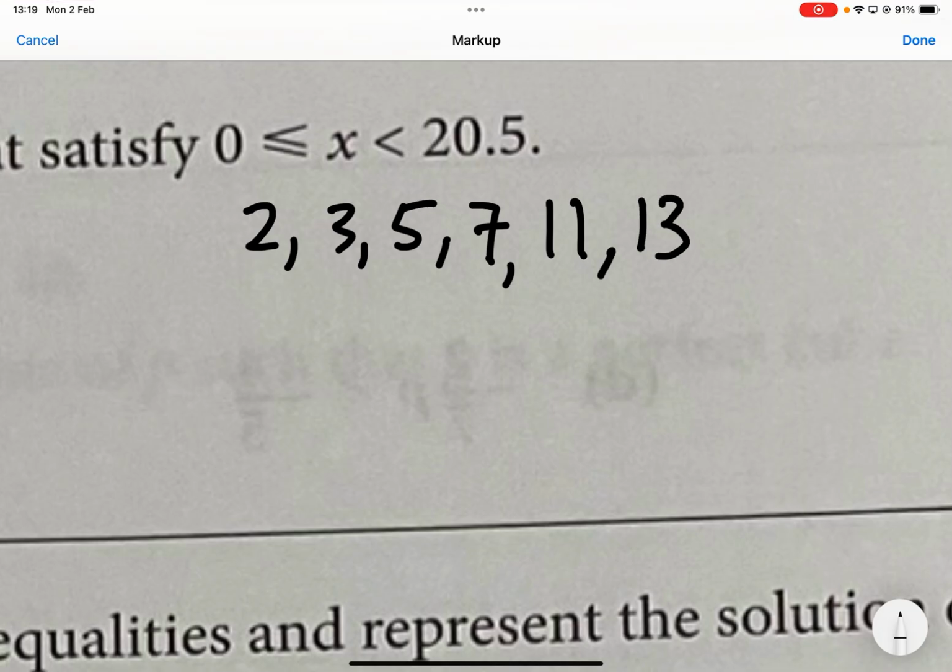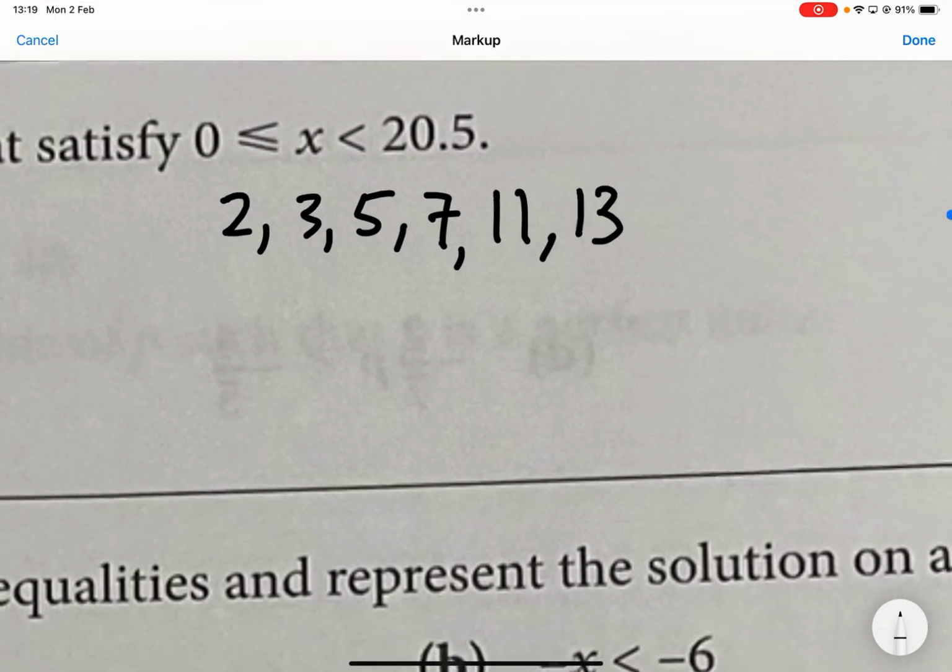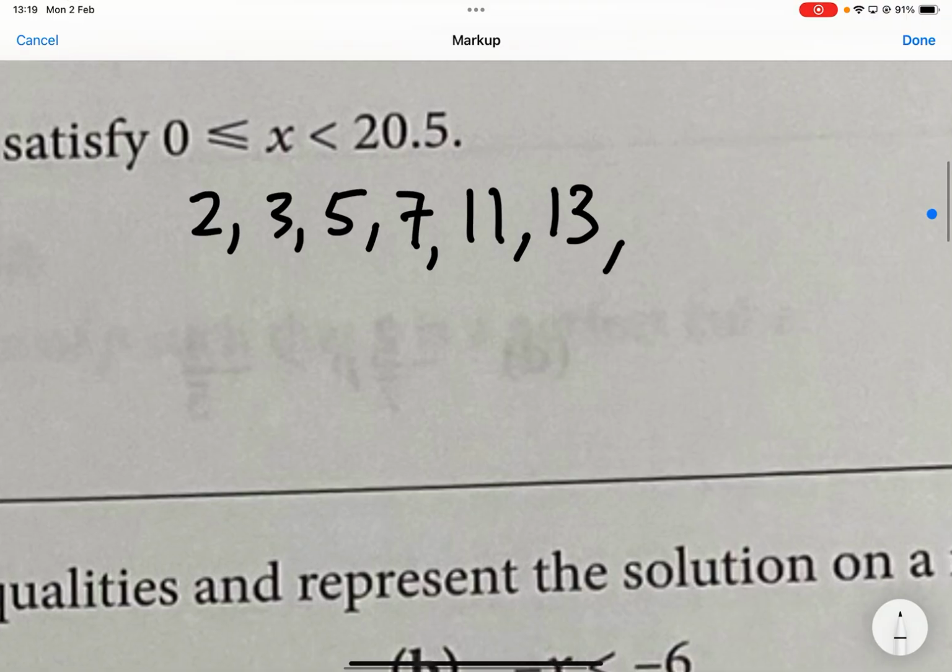So the next prime is 13. 14 can divide by 2, so not prime. 15 can divide by 3, can divide by 5, so not prime. 16 even number, not prime. 17 prime. 18 even number, not prime. 19 prime.